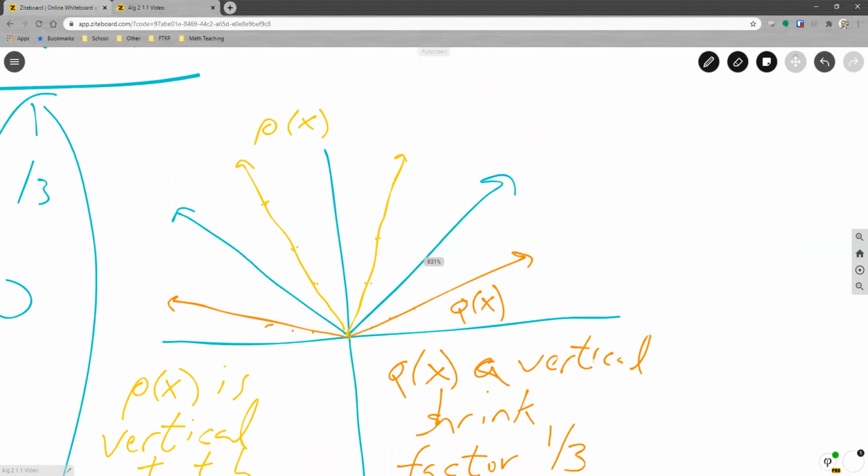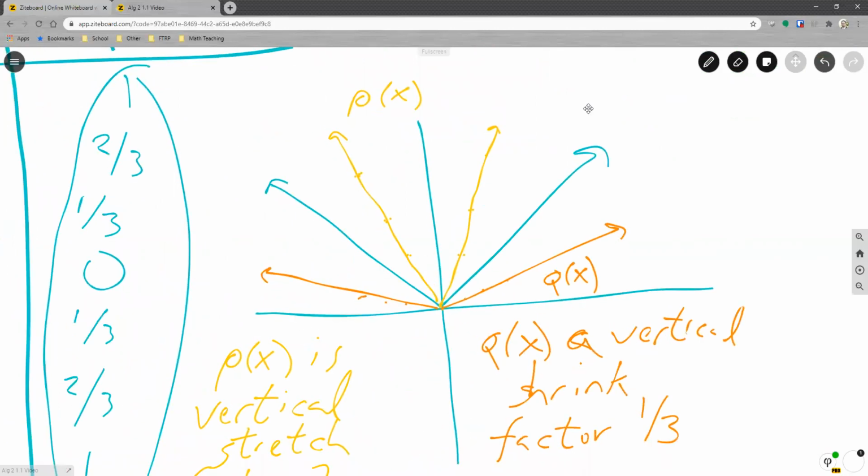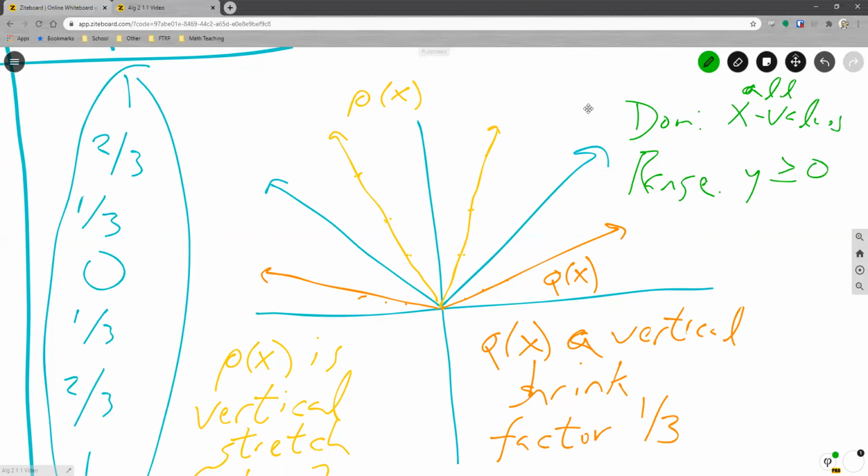Domain and range for p of x and q of x, these are pretty straightforward. My domain is going to be all x values. My range, my outputs, there's not really much difference on them. It's just how quickly they're increasing. My range for the top one is still going to be y is greater than or equal to 0.